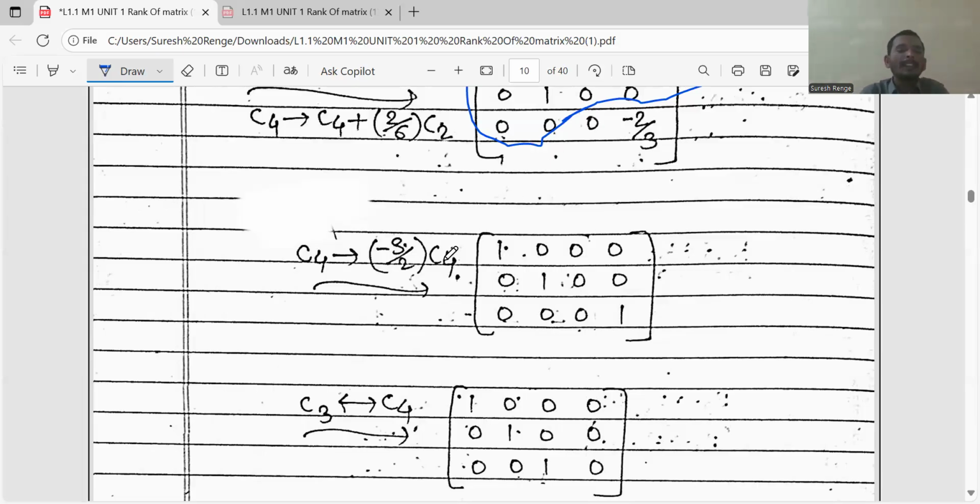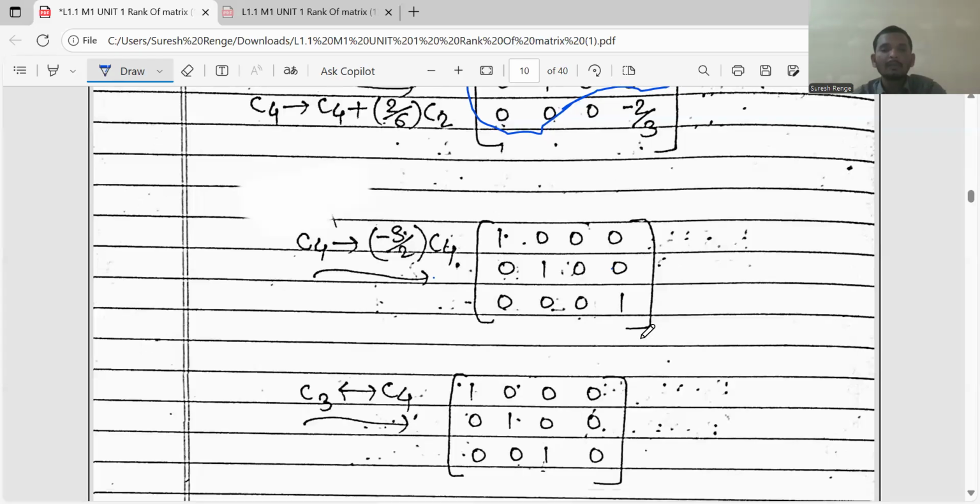Therefore we apply this operation: change in column number 4, multiply column number 4 by -3/2. We are multiplying column number 4 by -3/2. Therefore the matrix will become 1 0 0 0, 0 1 0, 0 0 0 0, and this -2/3 multiplied by 3/2 will become equal to 1.